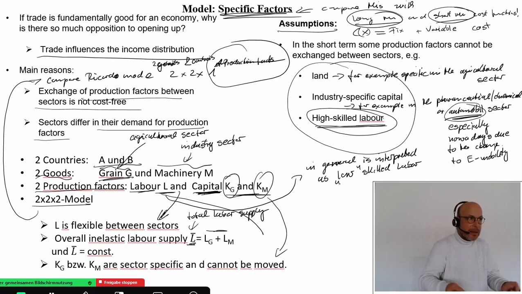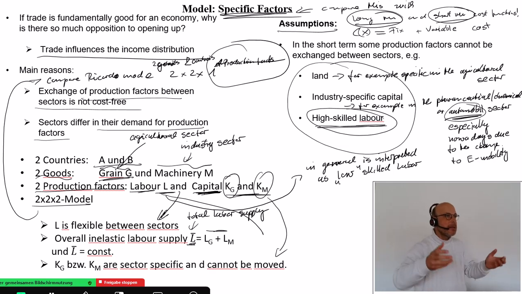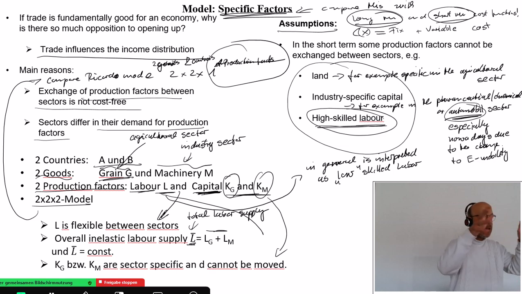Well, you make some long-term investment in some new machinery, and then you have invested 10 million in a huge machine in the chemical sector or something like this.